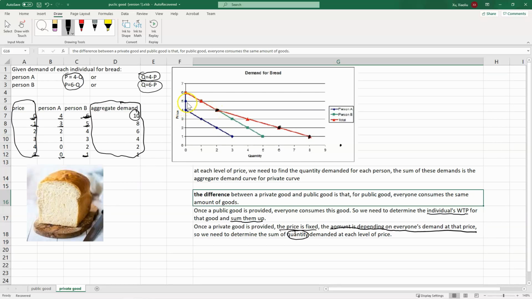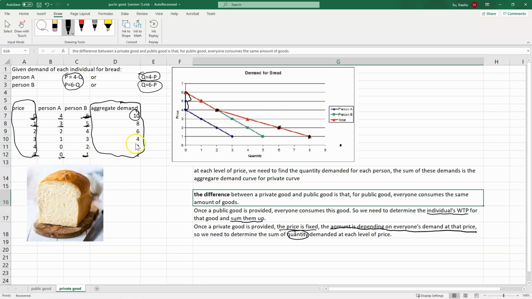When the price is so high, for example, when the price is higher than 4 and less than 6, A would demand no quantity of bread, because for person A the price is so high. For person B at a price of 4, he would demand 2 units of bread, and when the price is 5, he would demand 1 unit of bread.